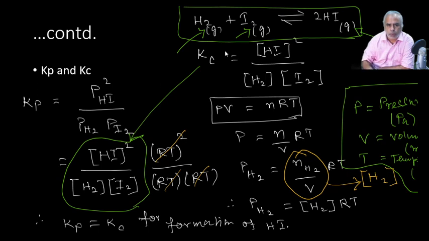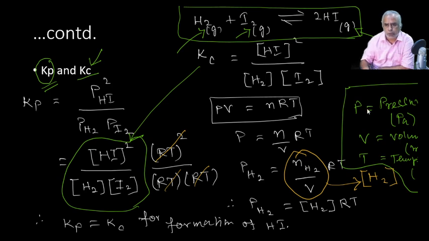Now, since they are gases, we can interpret the equilibrium constant based on partial pressure also, and that is represented as Kp. So Kc is based on the concentration, whereas Kp is based on the partial pressure.